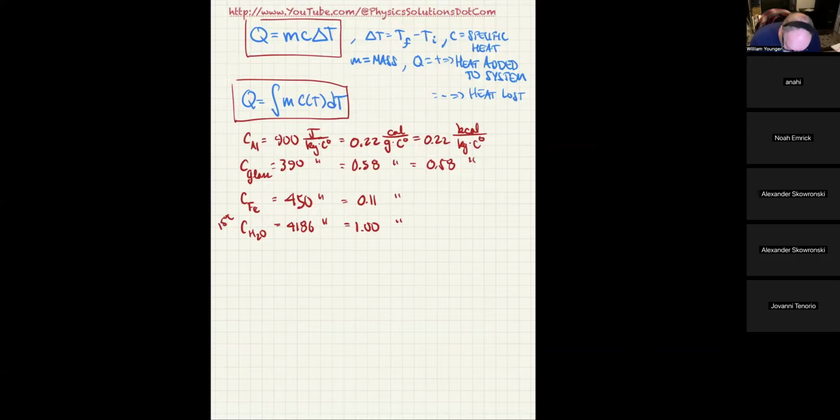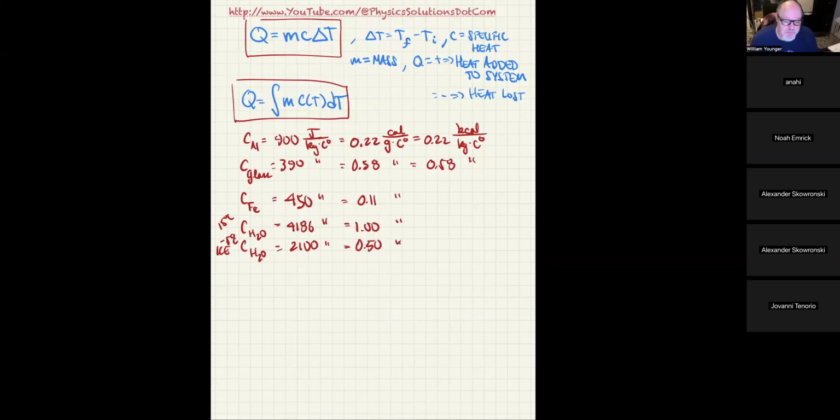However, if you look at the specific heat of water, specifically ice, which is at -5 degrees Celsius, then you're looking more like 2100. And of course, that's closer to 0.50 in these units.